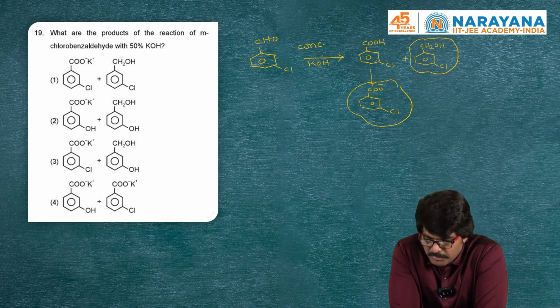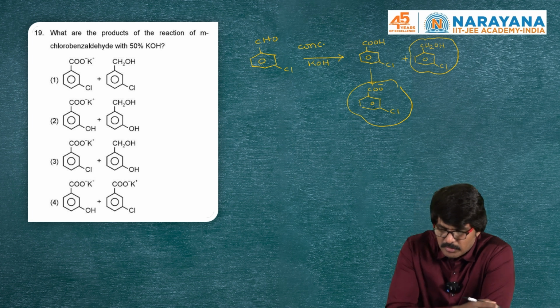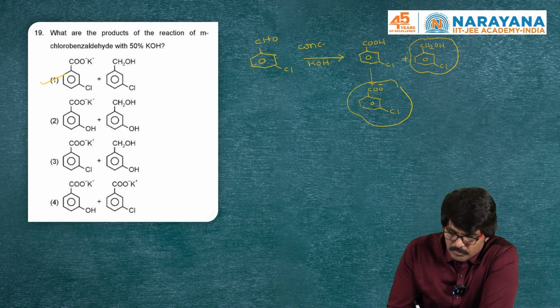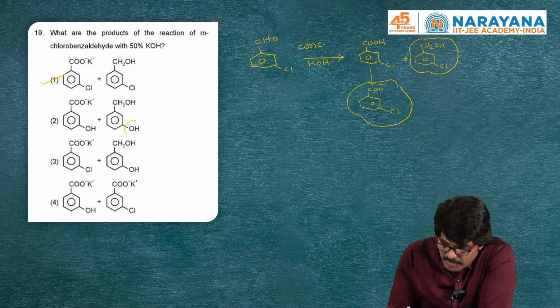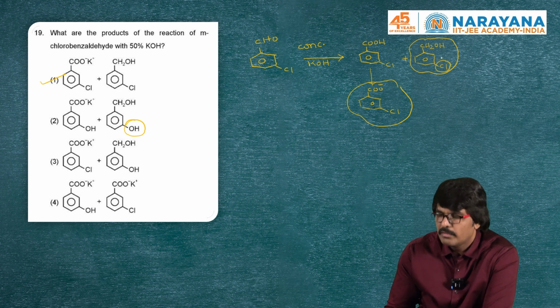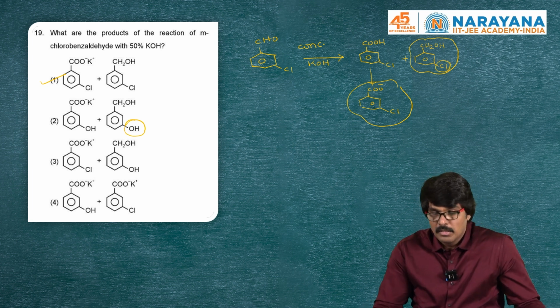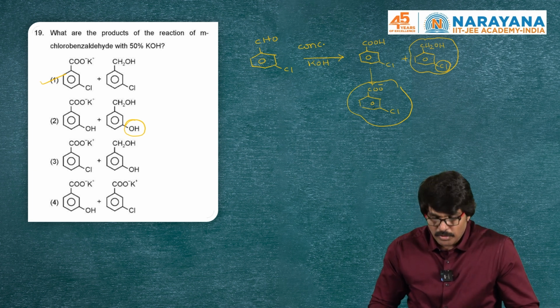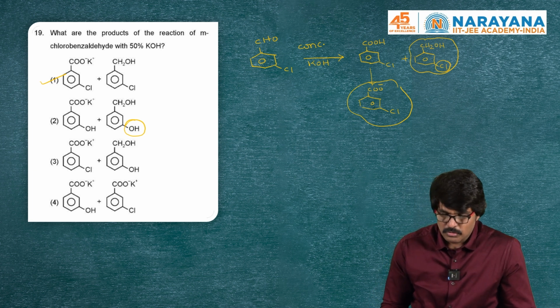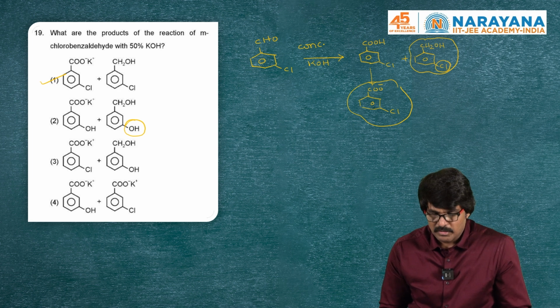So that will be the first option, because here he gave one substitution. This chlorine cannot be substituted. Aromatic nucleophilic substitution reactions are possible only if there is an electron withdrawing group at a suitable position. So the answer will be the first option.